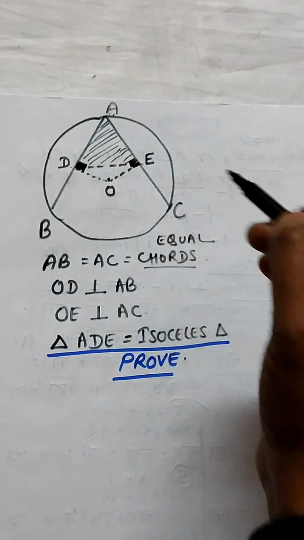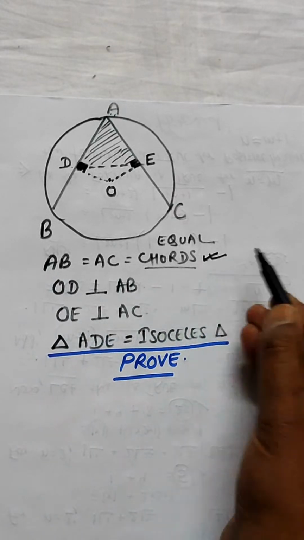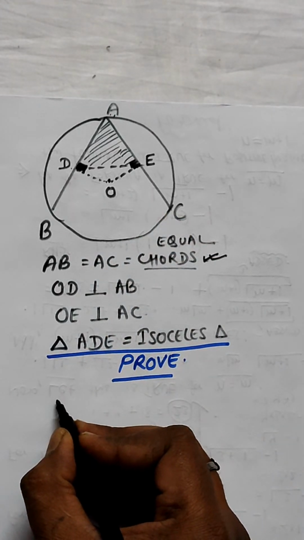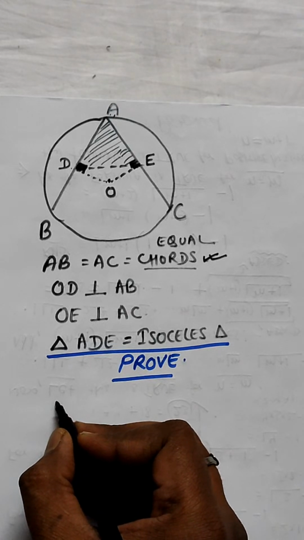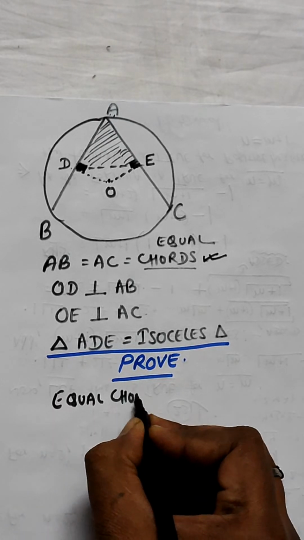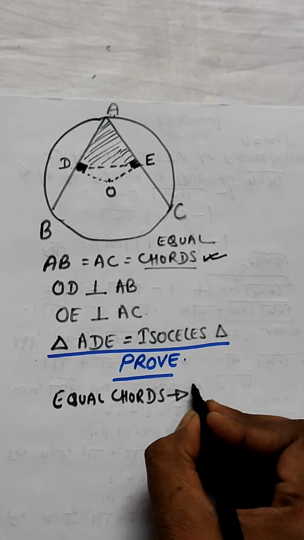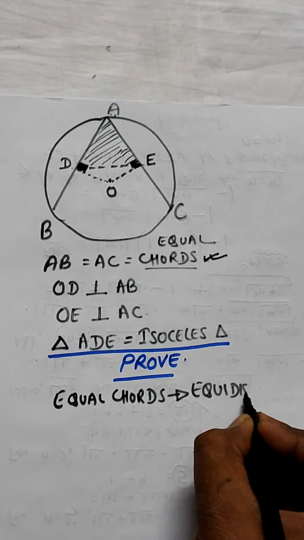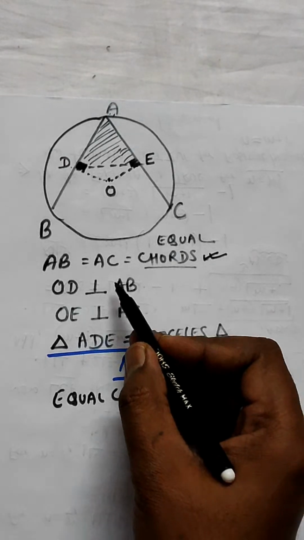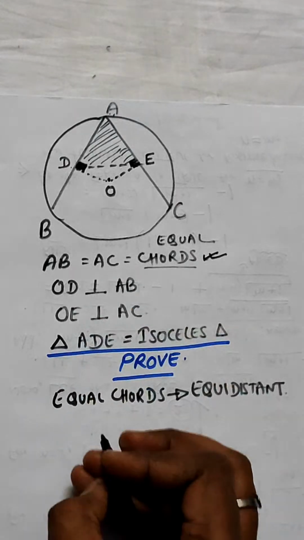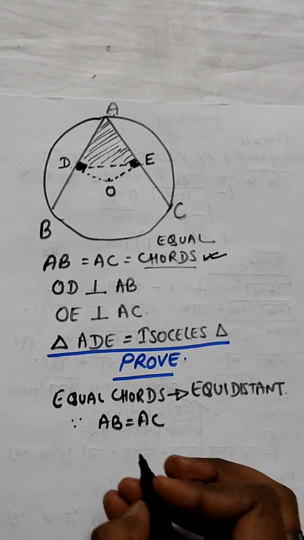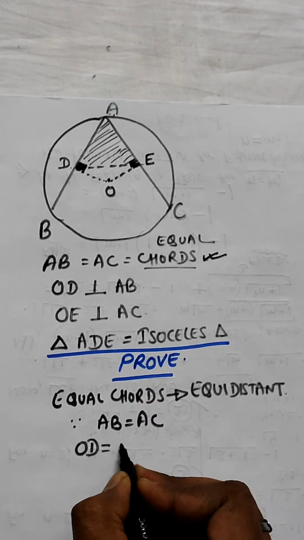So since equal chords are equidistant from the center, since AB is equal to AC, we can say that OD is equal to OE.